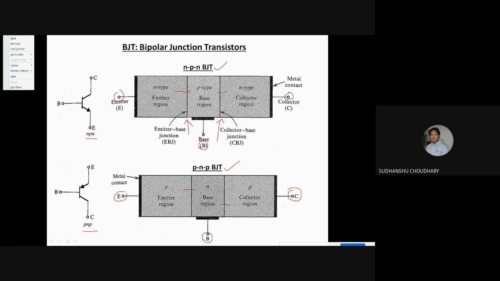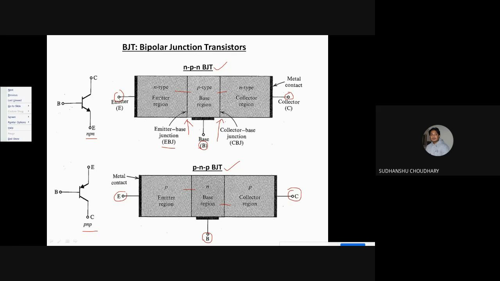Now this junction is called the emitter base junction, since we have called this N-type region the emitter and the P-type the base. Similarly, this region is the collector and this is the base, so we call it the collector base junction.